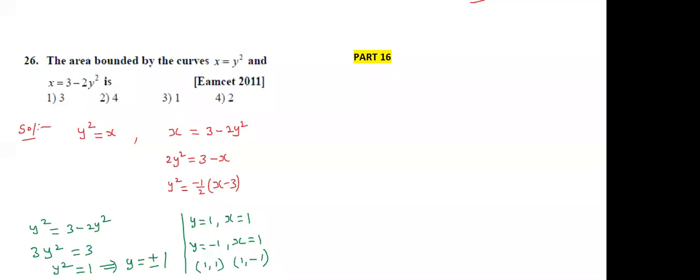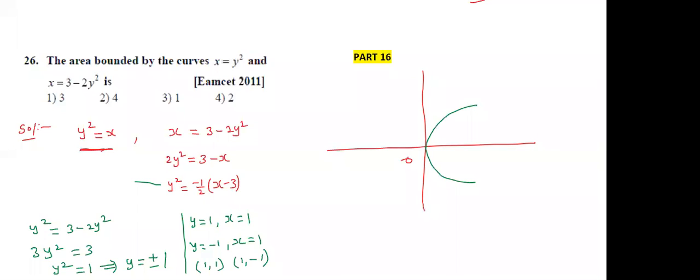Now draw the curves, draw the graph. So these are the coordinate axes, origin. Y square is equal to x means we know the curve. This is the curve. Okay. Here see that what is the vertex of the parabola? Both are parabolas only.